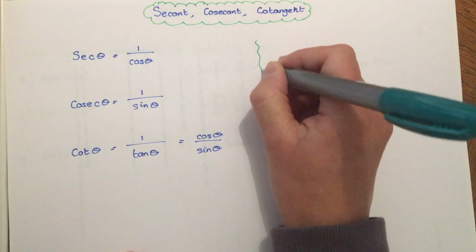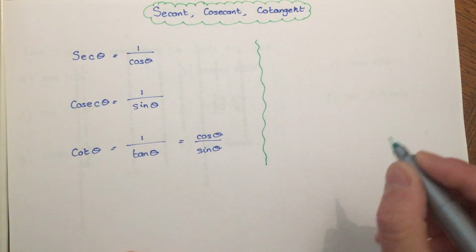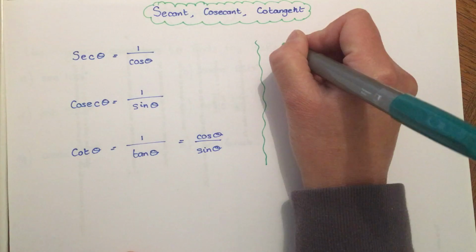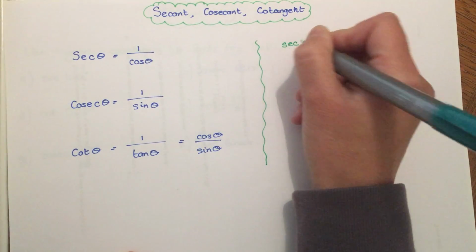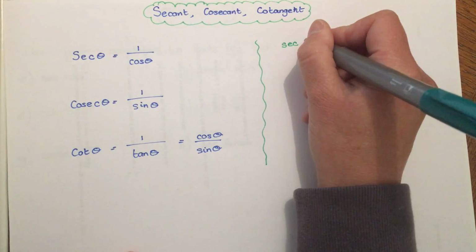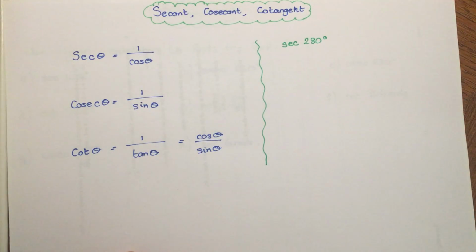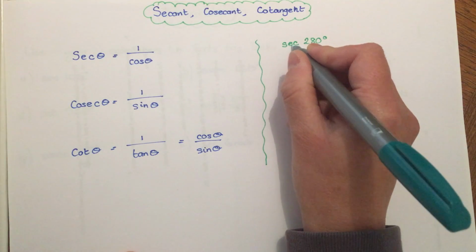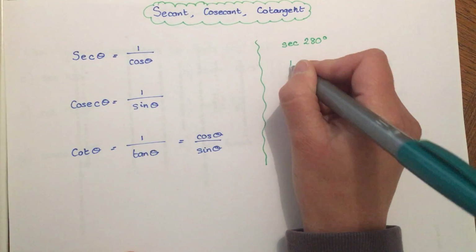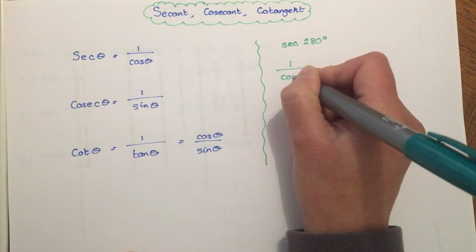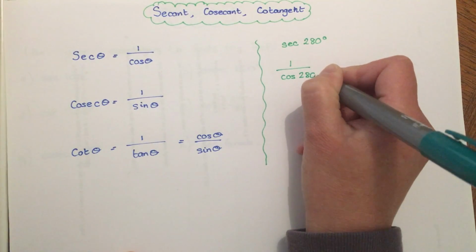So if I, for example, wanted to work out the value of sec 280 degrees. I know that sec is third letter C, cos, so I know that sec is 1 over cos. So it's 1 over cos 280 degrees.